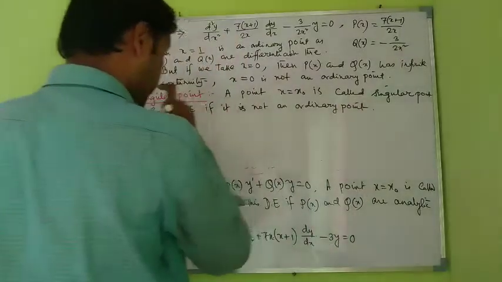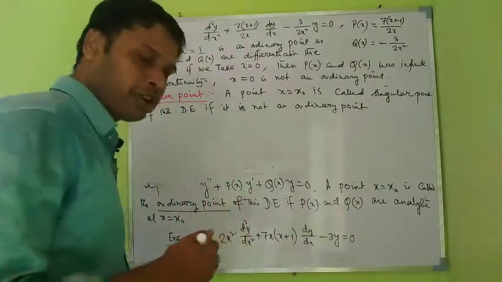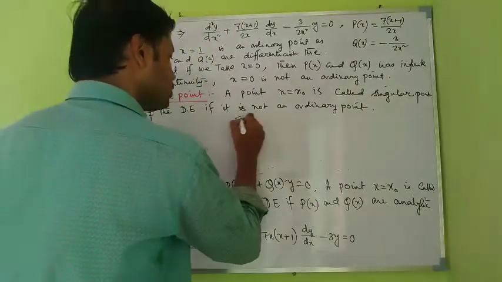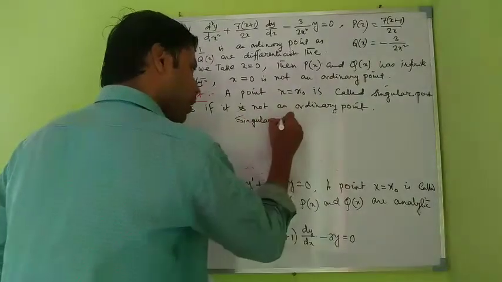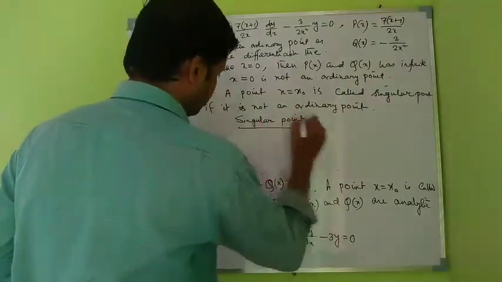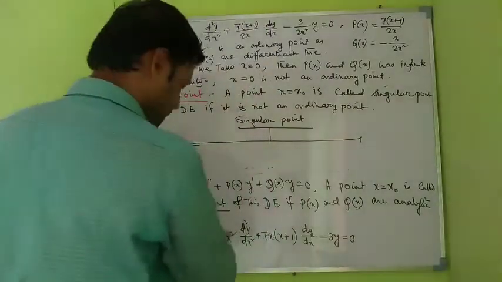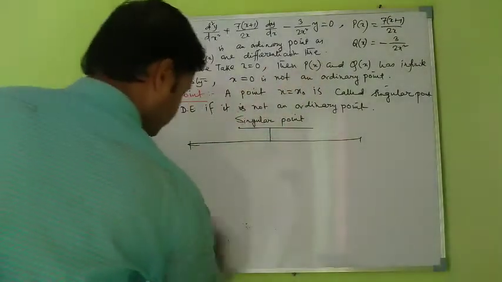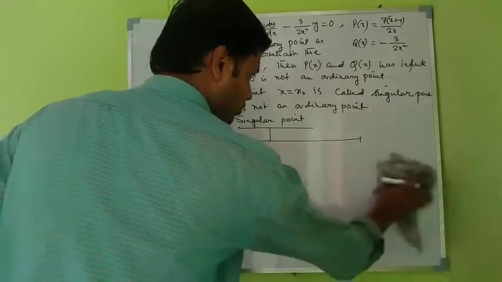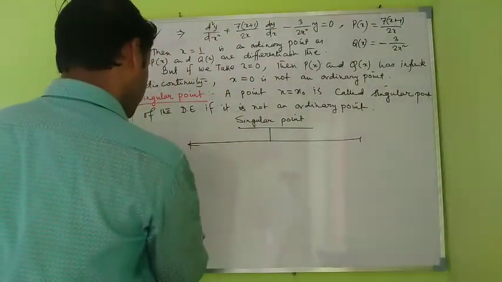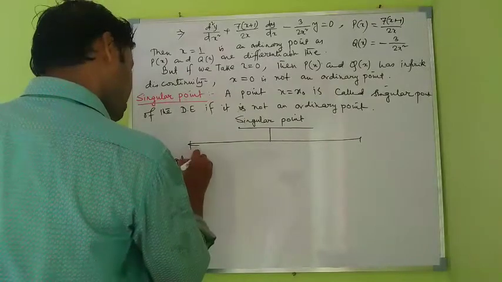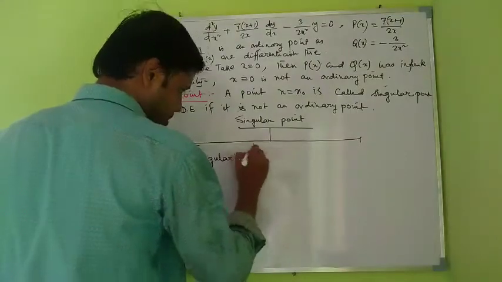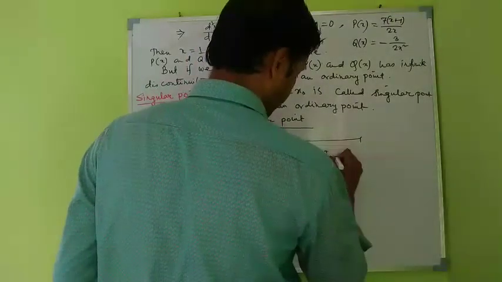Singular point is of two types. One is a regular singular point and the other is irregular singular point.